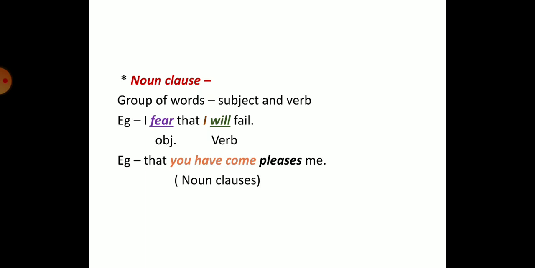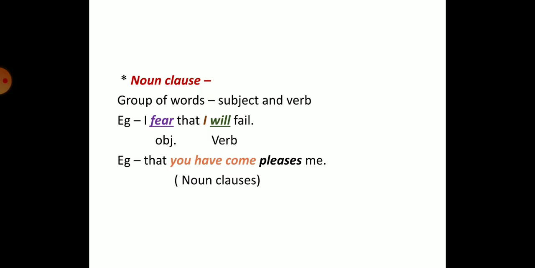For example, I fear that I will fail. Here, that I will fail is a clause as it is a group of words having a subject and verb, and the whole clause is acting as the object of the verb fear. So, it's a noun clause.